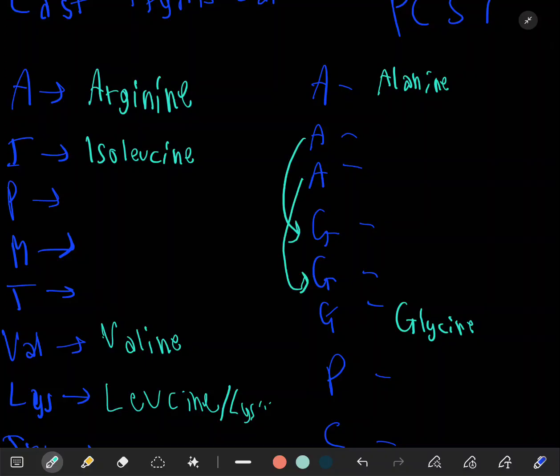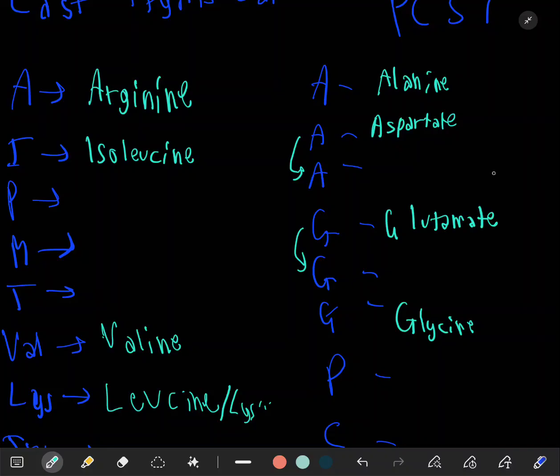This is aspartate and glutamate. These are the acids. Then from the acids we got the NH2, so the names were glutamine and asparagine.